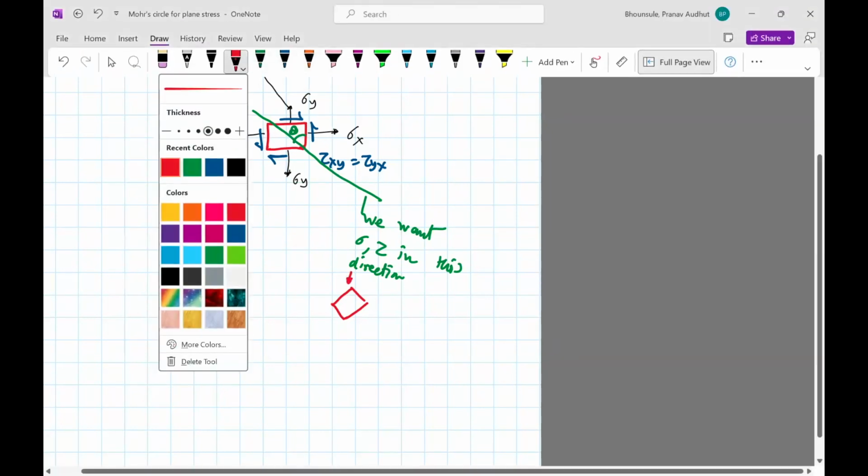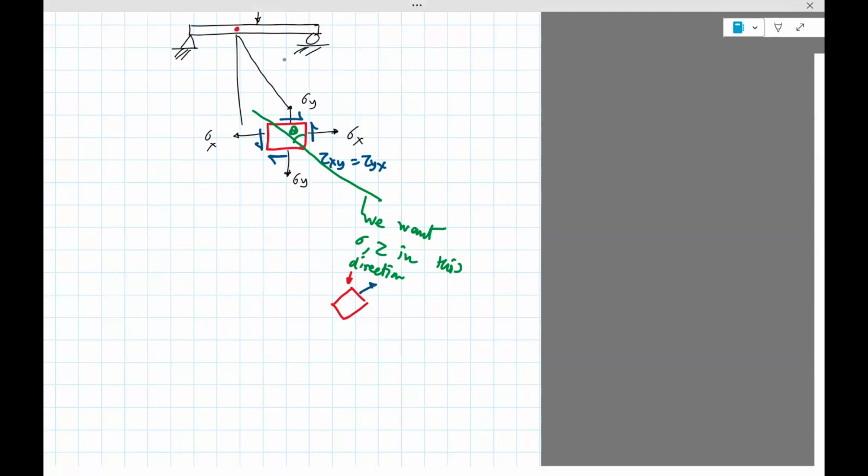And then we are interested in computing sigma x prime, sigma y prime, tau x y prime.